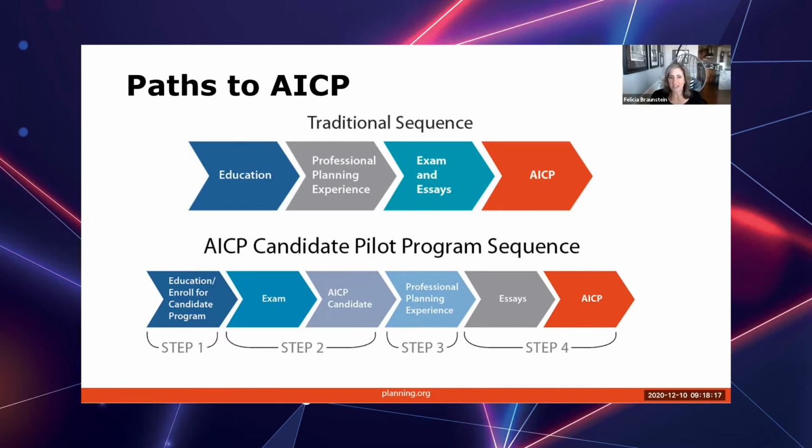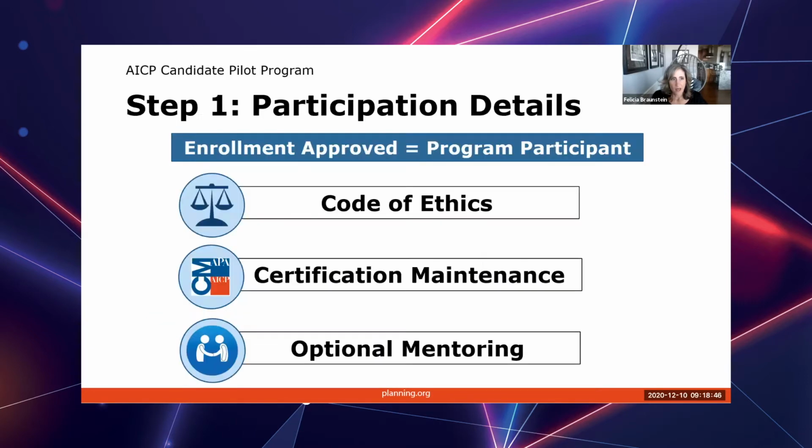To summarize again, the difference is that you're able to take the exam right after you graduate, before you earn your professional planning experience. Another idea behind the program was that the data shows people are more successful on the exam the closer they are to graduation. That's part of what's baked in here.